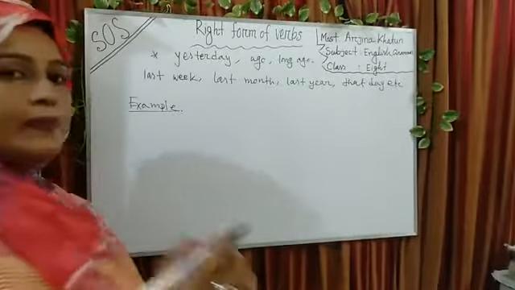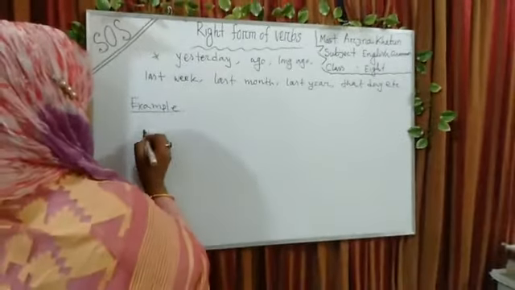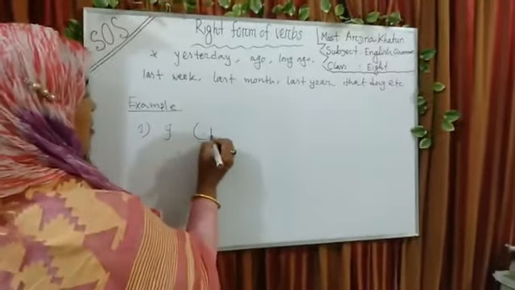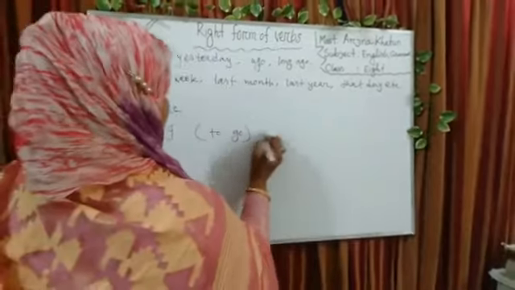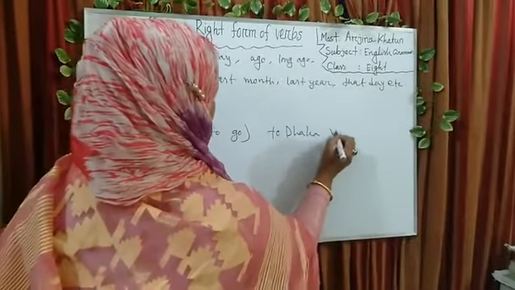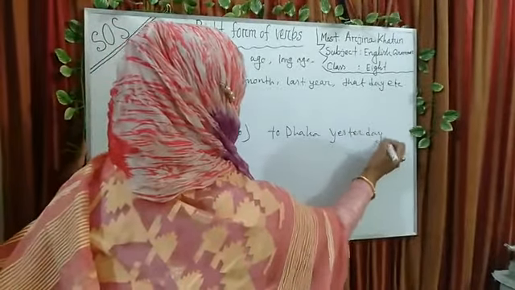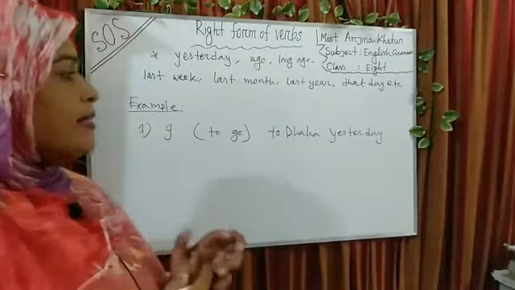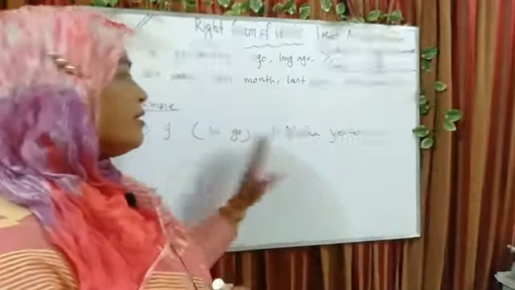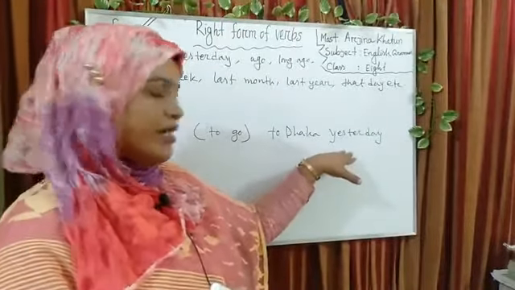Then, to judge the tense: I go to Dhaka yesterday. Obviously, this adverb mentions the time, as the sentence has the word yesterday.